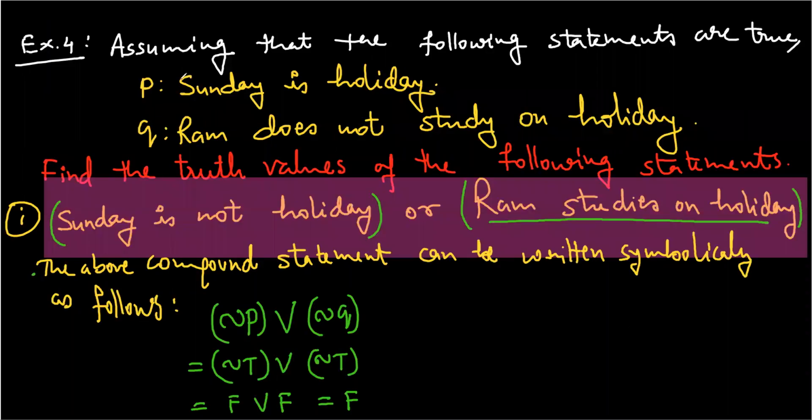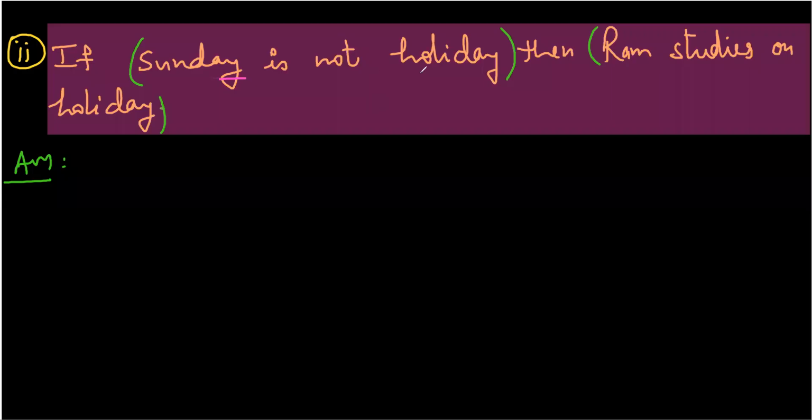Now students, Sunday is holiday is P. So this Sunday is not holiday will become negation P. Okay. So if this, then this. Now you understand, I will have an implication sign here.